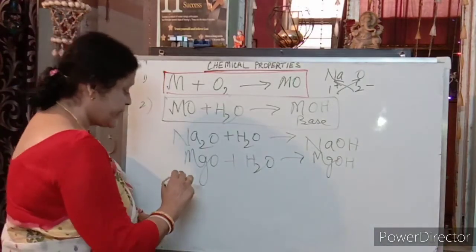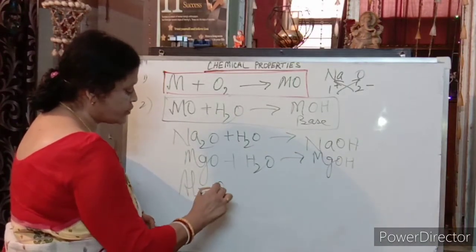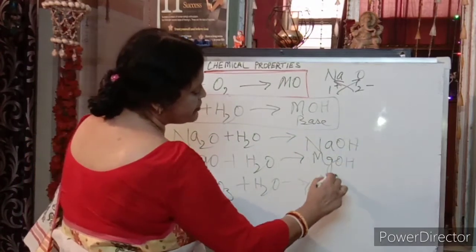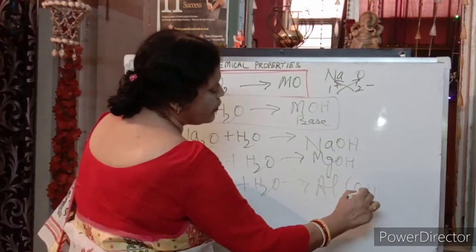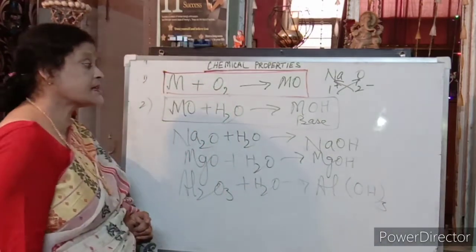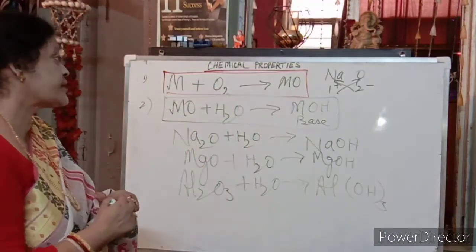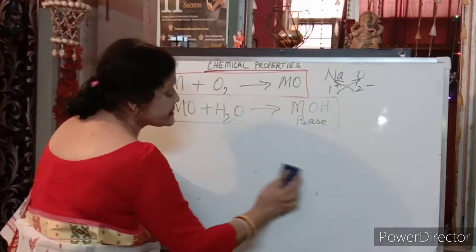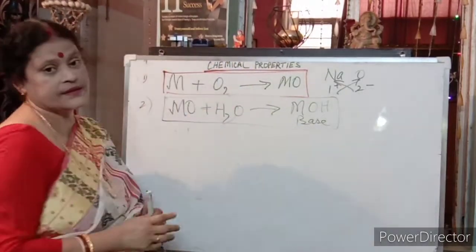If I say aluminium oxide, Al2O3, plus water, it forms aluminium hydroxide, Al(OH)3. So these are the reactions you can frame if you know the standard reactions.